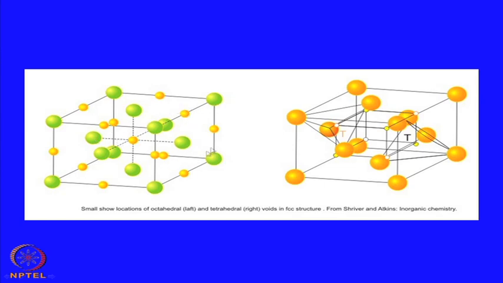edge centers. So, if you calculate the exact number of atoms in this particular unit cell, you will find that effectively there are 4 green atoms per unit cell. Why?